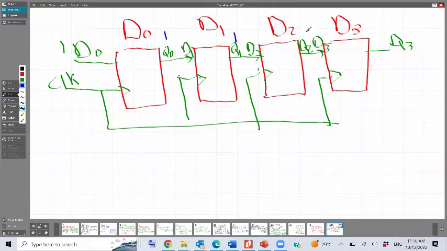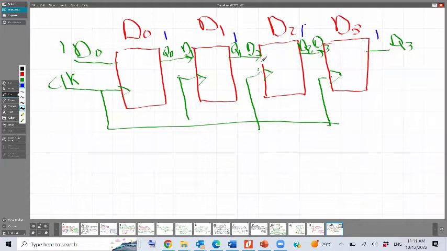I will have 1 on D2, while Q1 and Q0 will go to 0. One more step. This one will come out on Q3, and Q0, Q1, Q2 will be all zeros.